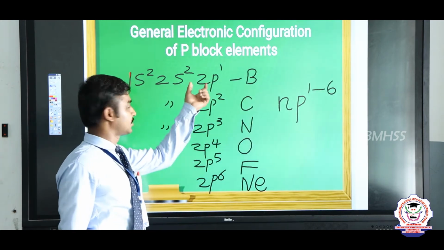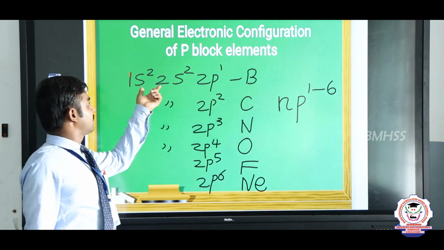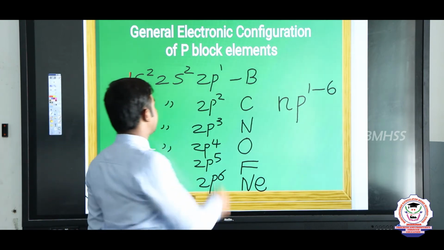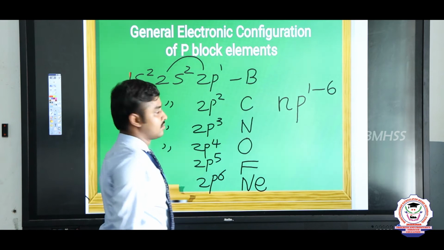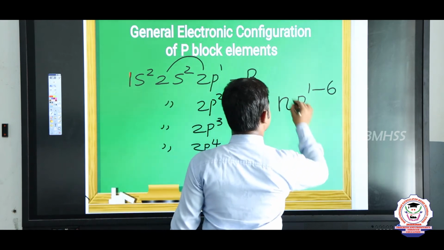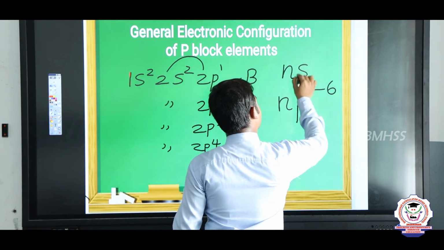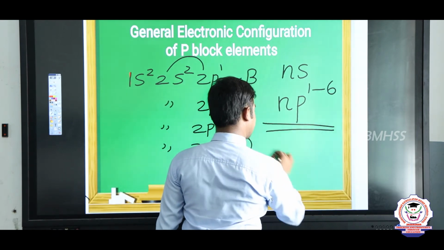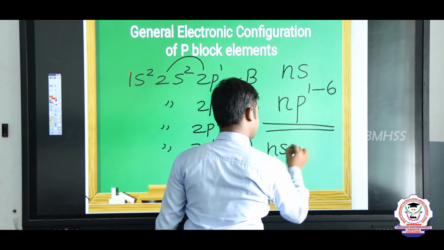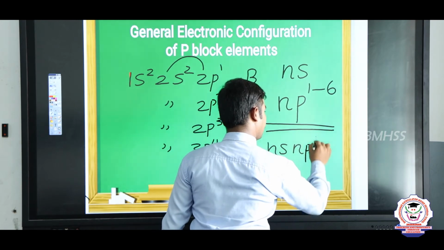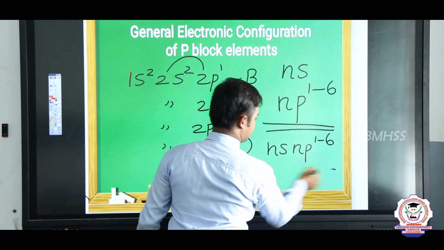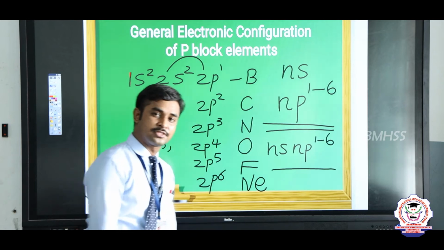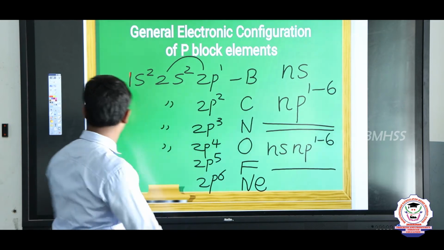The number before that is the same number as for the s orbital. So, the general electronic configuration can be written as ns np 1 to 6. This is the general electronic configuration of p block elements.